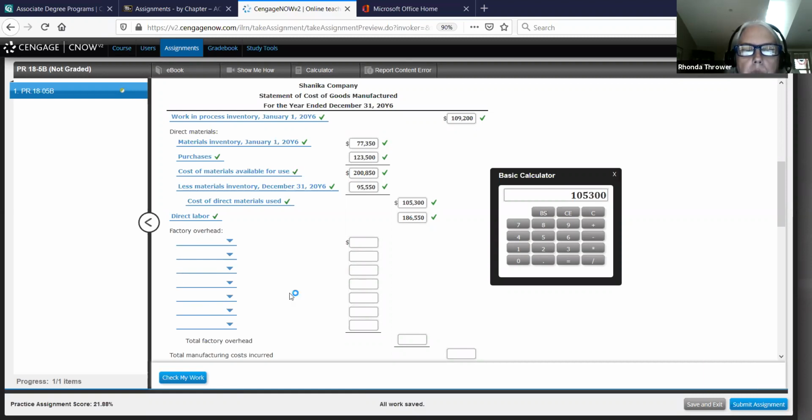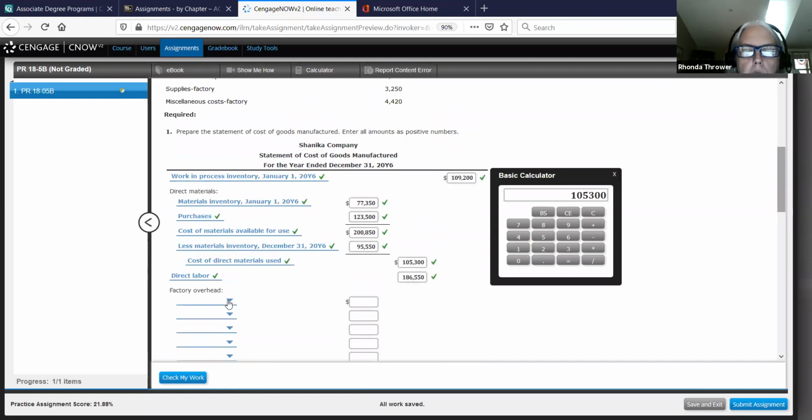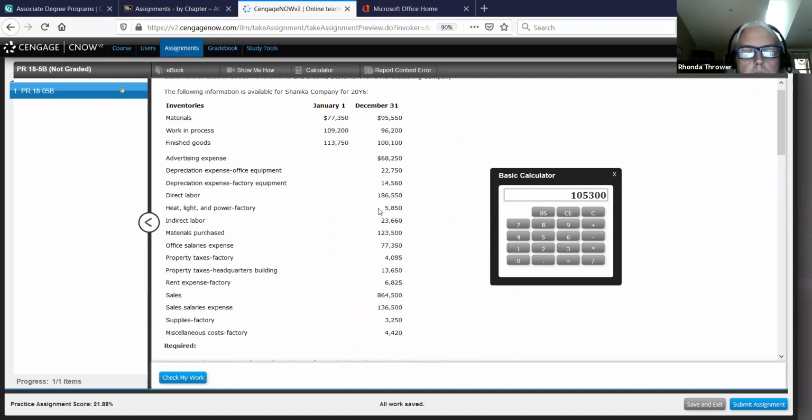So we want to put all the rest of our factory expenses in under factory overhead. So we'll choose from our drop-down list. Indirect labor is certainly one. And we hunt for the amount. The indirect labor is 23,660.